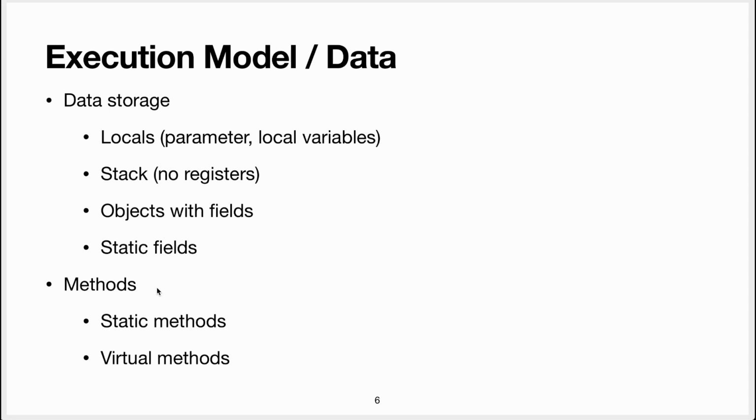You always know what code you're going to execute. Whereas with a virtual method, there could be a subclass that is going to override the method. So there are multiple implementations for the same method. And when you're calling the method, you need to take the object, the this, and look at which class it actually is and which implementation you need to call.